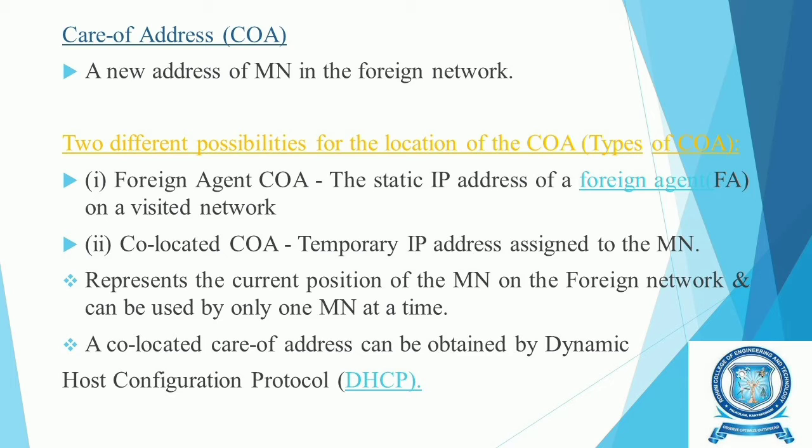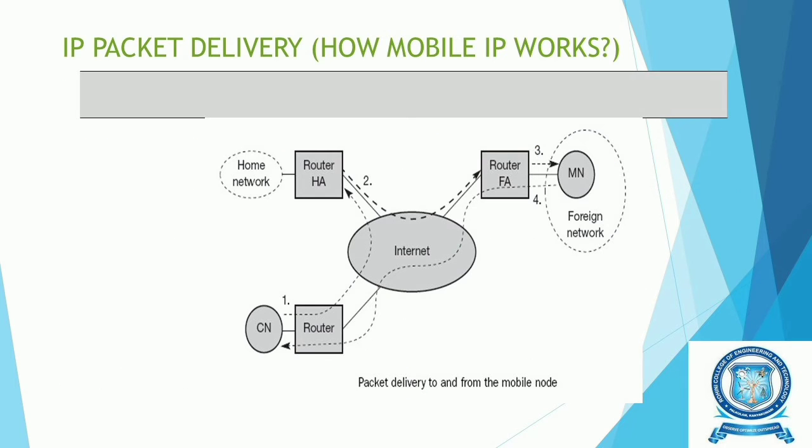It represents the current position of the mobile node on the foreign network and can be used by only one mobile node at a time. A co-located care of address can be obtained by the Dynamic Host Configuration Protocol, which we shortly call DHCP.